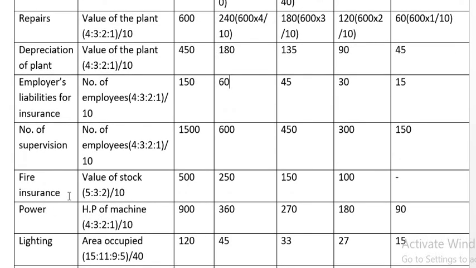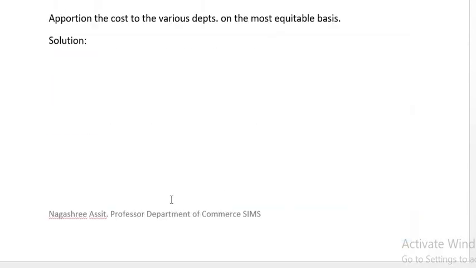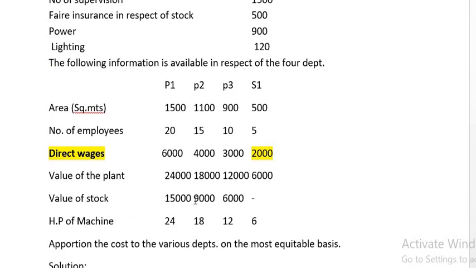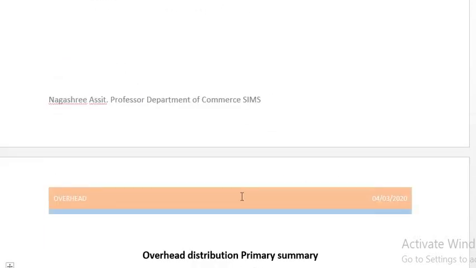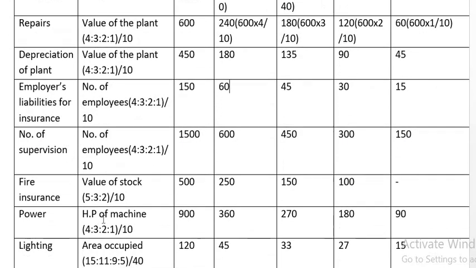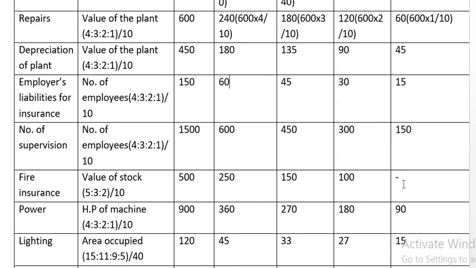Next, fire insurance, again value of the stock, given only for the 3 producing departments: 15,000, 9,000, 6,000. The ratio is 5:3:2, and the service department is nil. So 500 is distributed as 250, 150, 100.